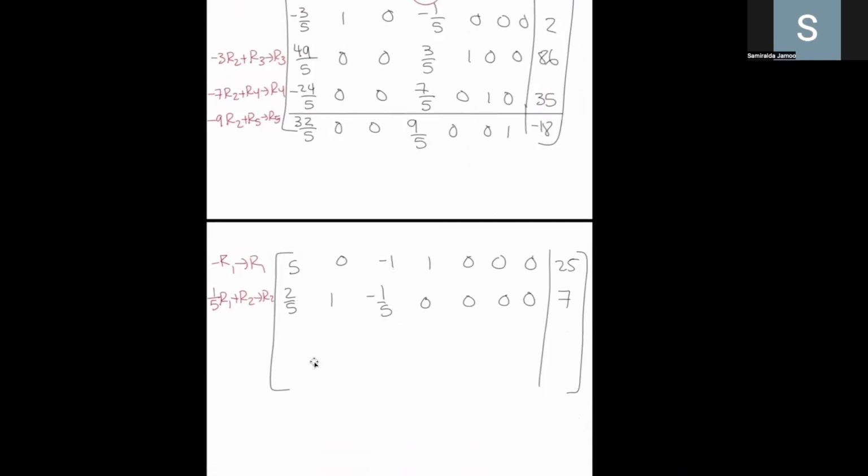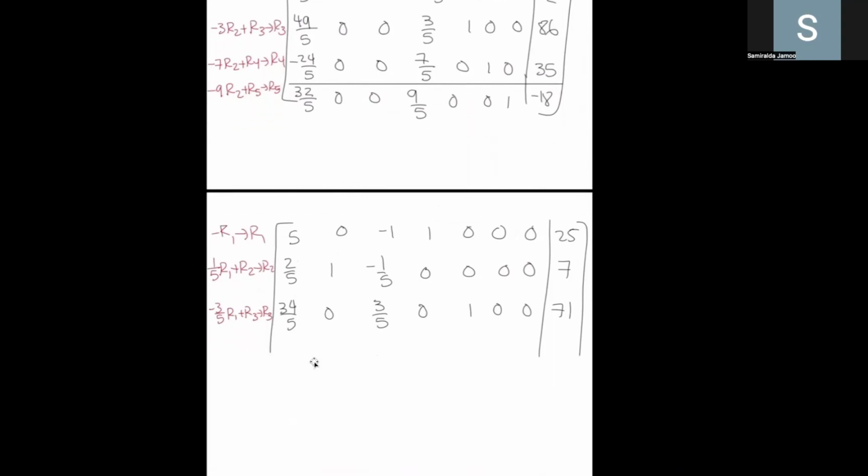Multiply by negative 3 over 5, row 1 plus row 3 in row 3. 34 over 5, 0, 3 over 5, 0, 1, 0, 0, 71.